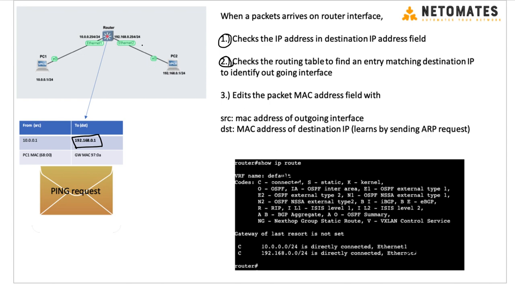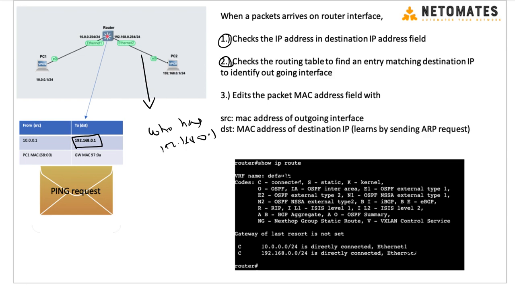Okay, so if it is directly connected, it can send an ARP request, because the destination IP is in the same network as one of the router interfaces. When it sends the ARP request, PC2 will reply back, right? The ARP request it will send in this case is: who has 192.168.0.1?